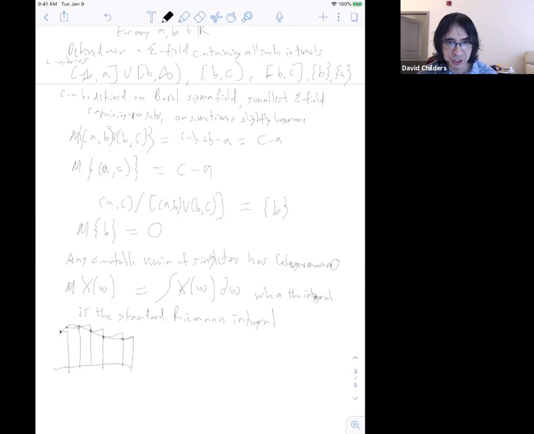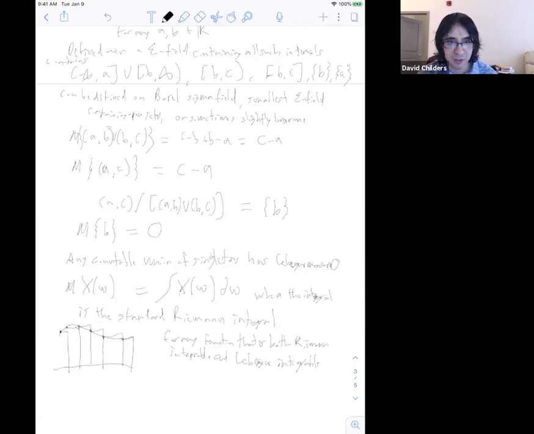And so for any function that is both Riemann integrable and Lebesgue integrable, if it's defined for both, then it's just equal to the same thing.